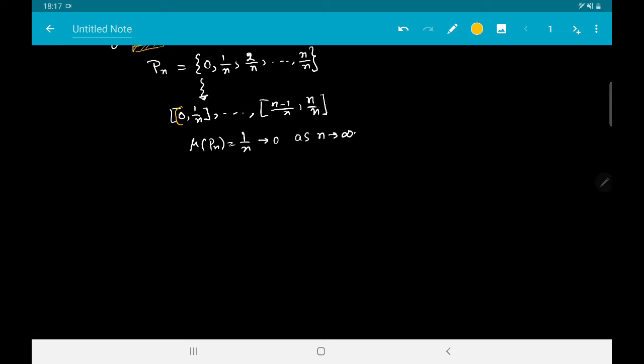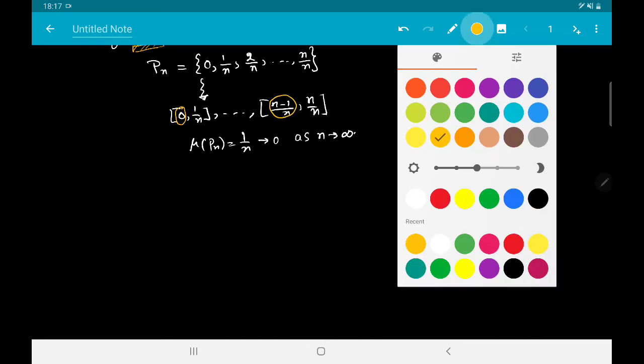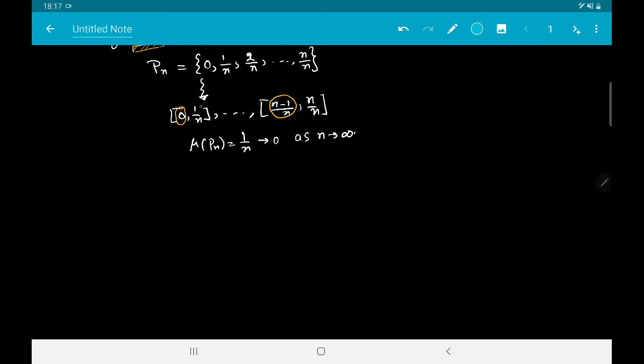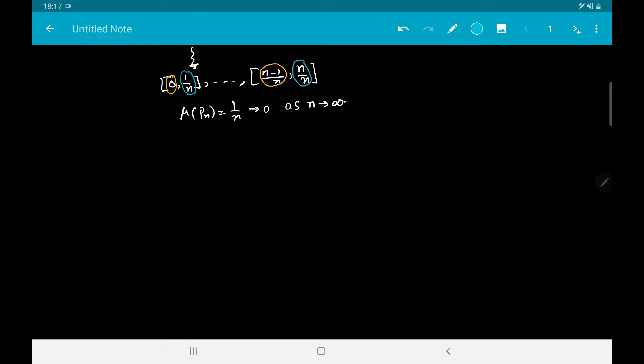We could choose our tag set to be either the first points of the subintervals, or alternatively, as we have been doing, we could choose them to be the endpoints of the intervals. So let us do it both ways and try to give you an idea. Suppose that here we have chosen a tag set, let us call it S, and S consists of points S1, S2, ..., Sn, where we have chosen the last point.